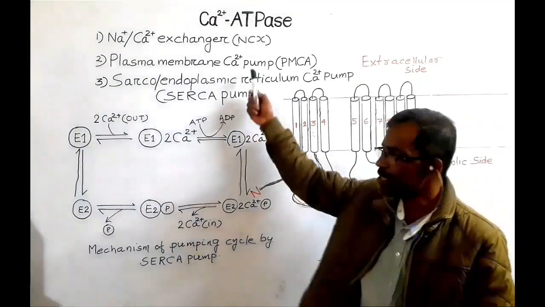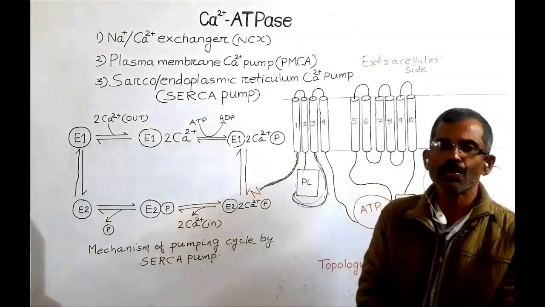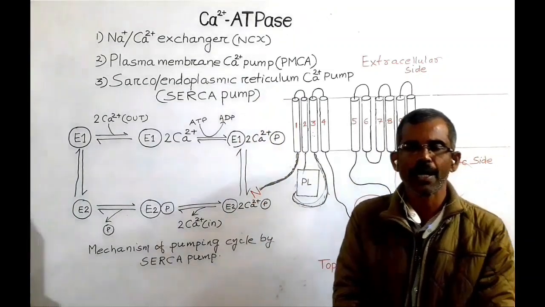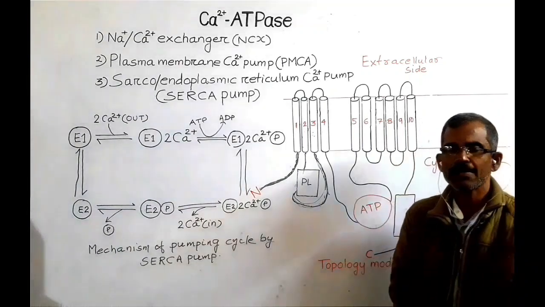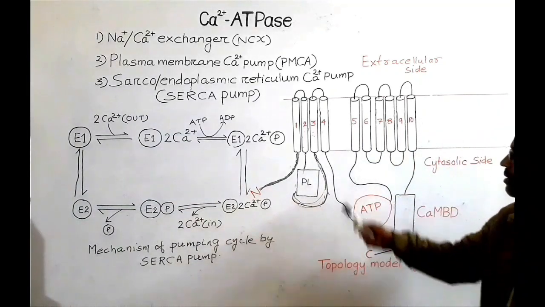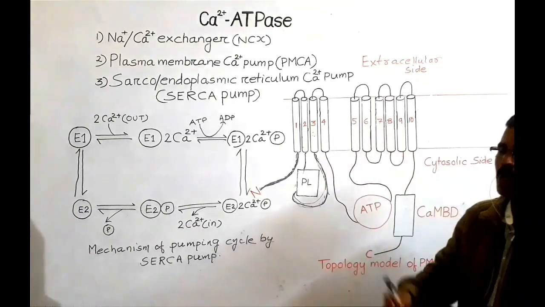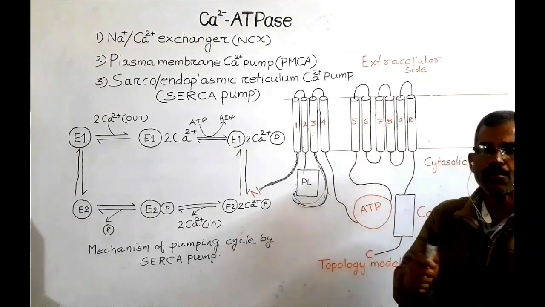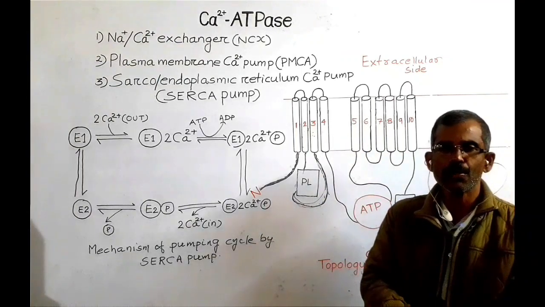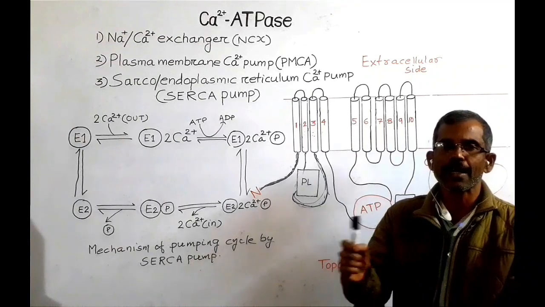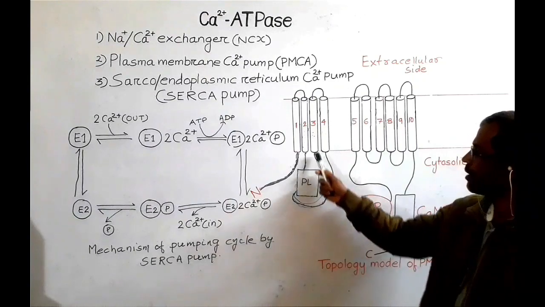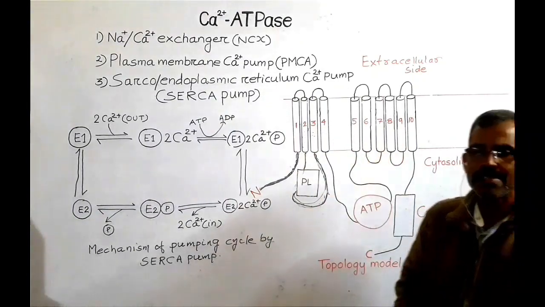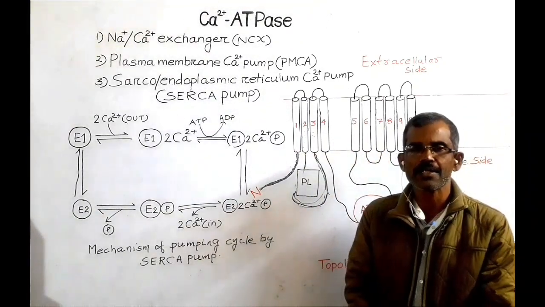This transport system exists in two conformational states known as E1 and E2. 2 calcium ions bind within a bundle of 10 transmembrane domains. The structural differences between E1 and E2 indicate that both the intracellular domain and the transmembrane domains undergo extensive rearrangement during the transport cycle.